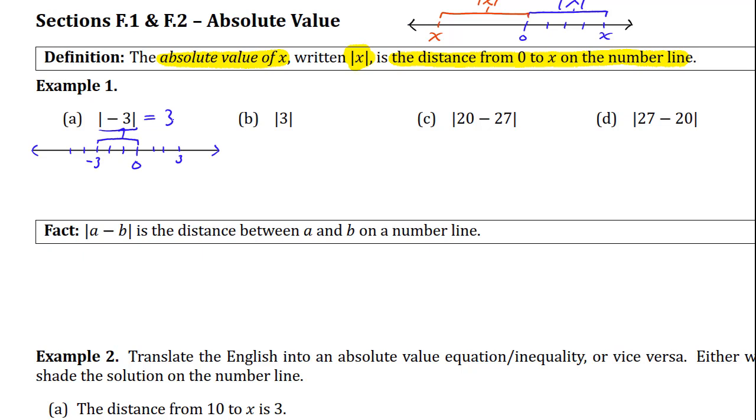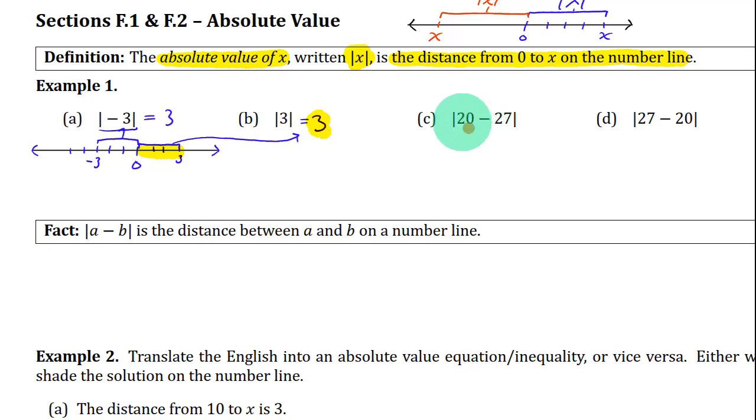Same thing with the absolute value of 3. This distance over here is 3, because the distance from 0 to 3 is 3. And so it's the same whether it's -3 or +3.